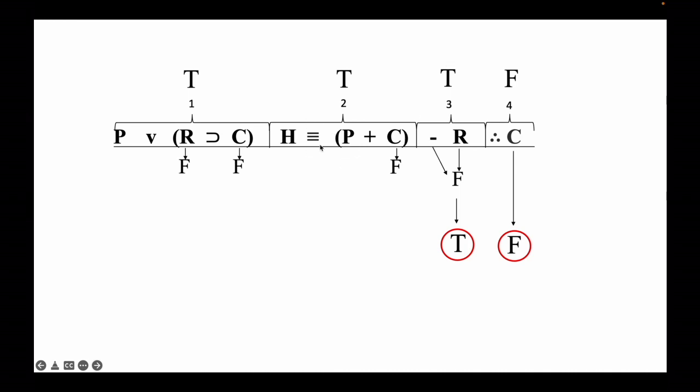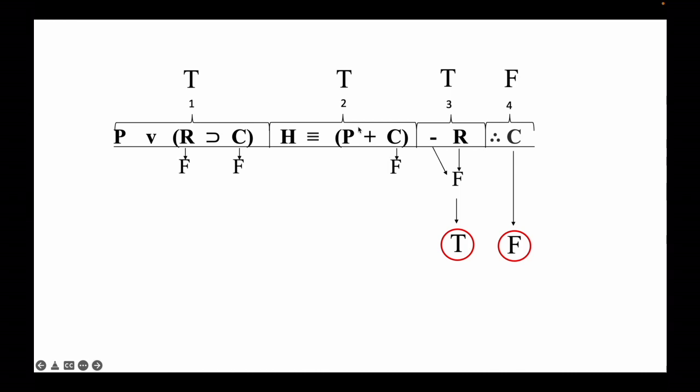Also, remember that this is a double conditional. Okay? If and only if, or material equivalence. Remember, the rule for material equivalence says that the statement is true if and only if both terms have the same truth values.